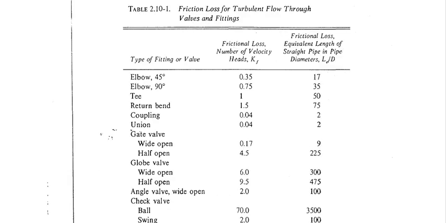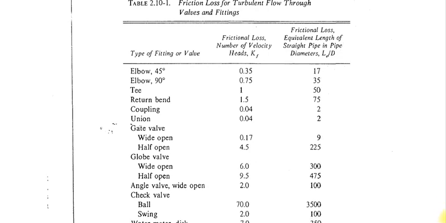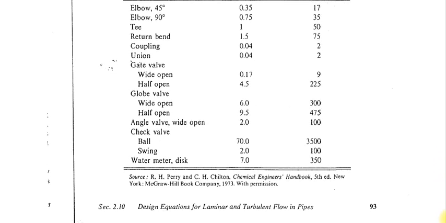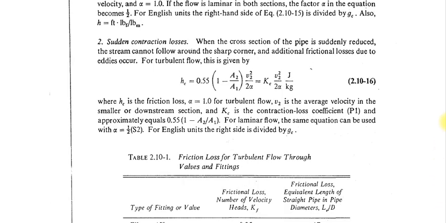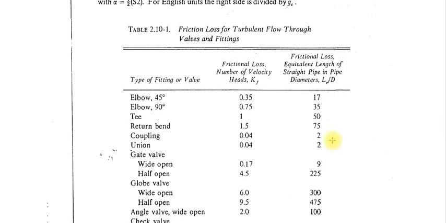Now we will solve some problems related to this unit from the Geankoplis book, Transport Processes and Unit Operations. So this is also the same friction loss, based on the different values of the Kf coefficient for the different fittings.